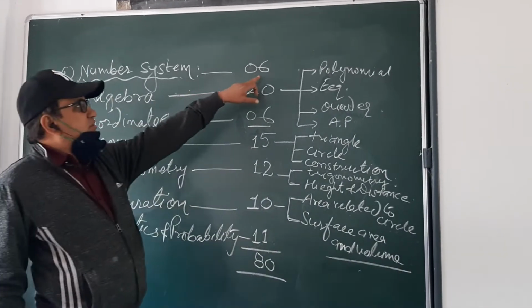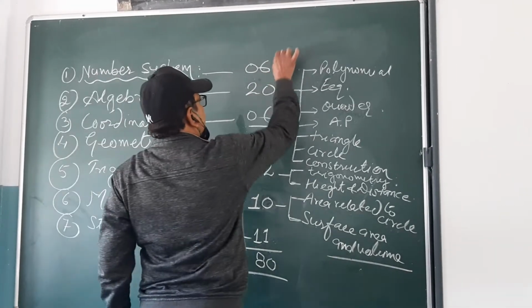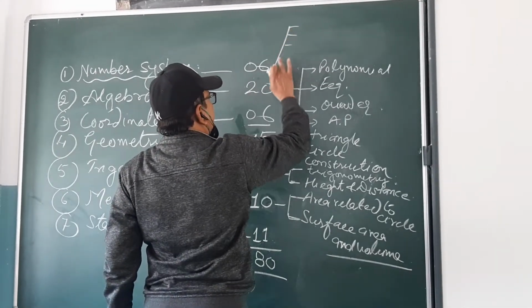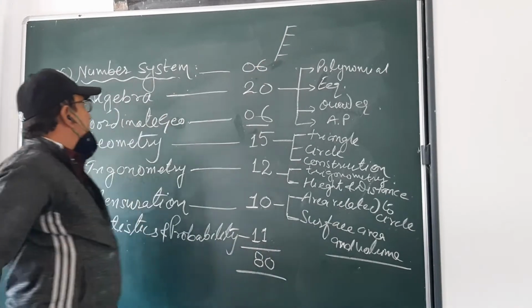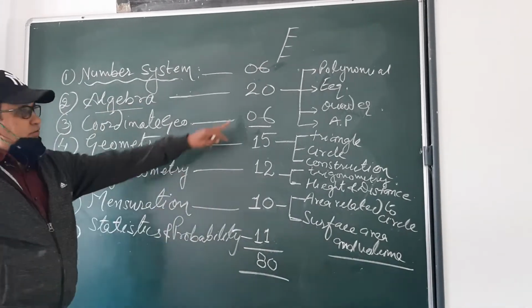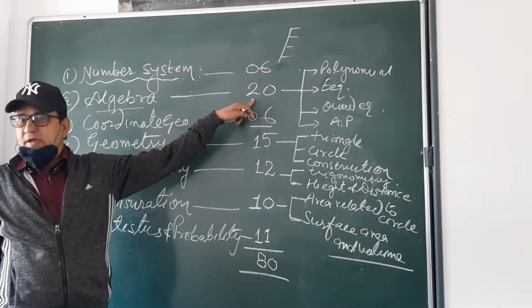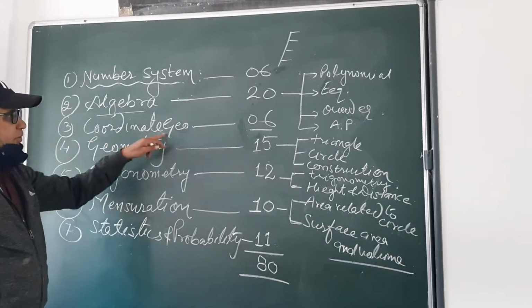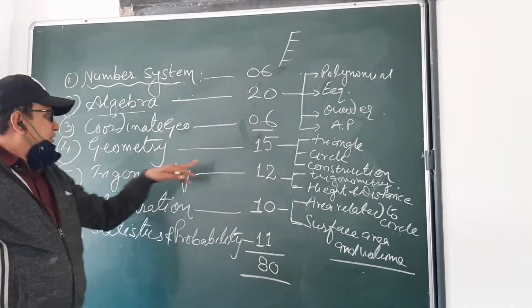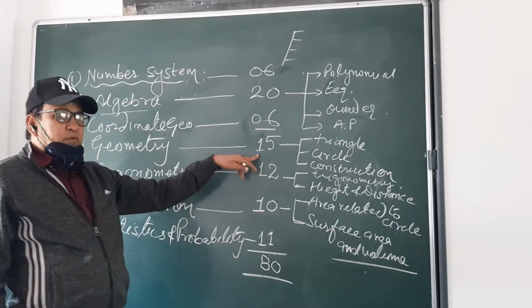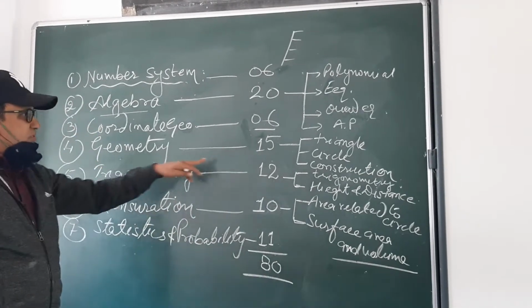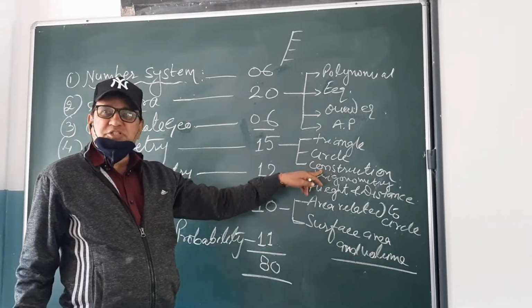Okay, this is 6 marks and there are three types of questions here. Later on I will tell you. Then algebra, 20 marks. Coordinate geometry, 6 marks, right? Then geometry, 15 marks. Geometry means triangle, circle, and construction.